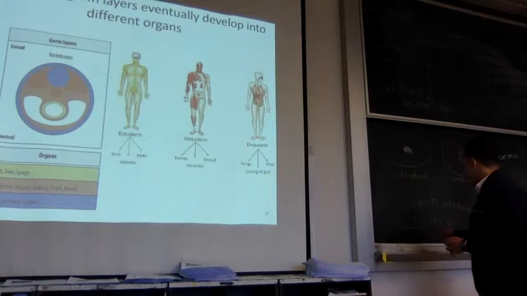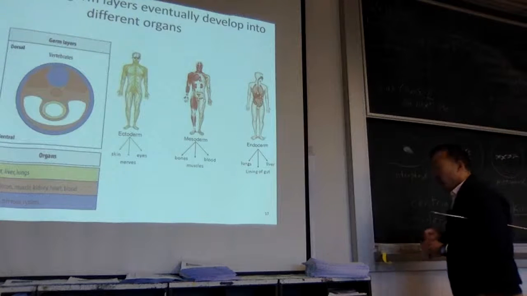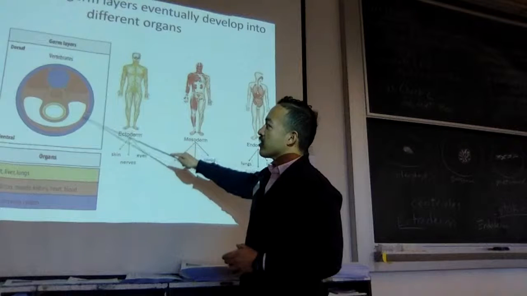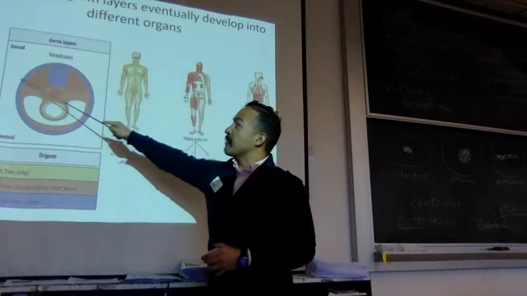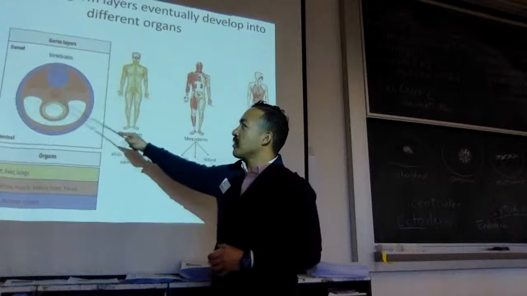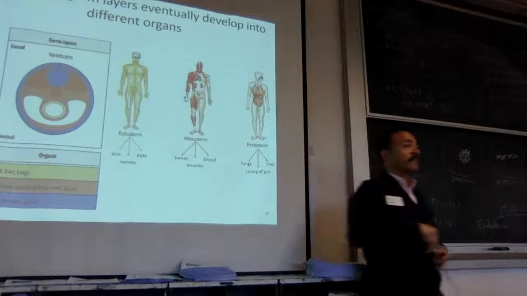Our third layer is in between those two. So it's all this stuff shown here. So it's in between endo and ecto. This is the mesoderm, meso meaning middle.